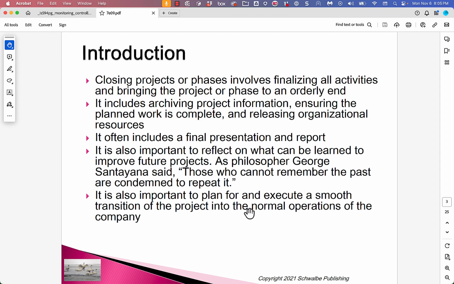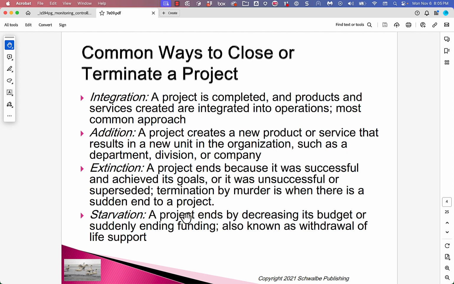It's also important to plan for and execute a smooth transition of the project to the normal operations of the company. So, what comes after the project? We have a slide a little further along where we talk about the different options for that. And I really like that slide actually. Oh, here it is. I didn't know it was coming so soon.